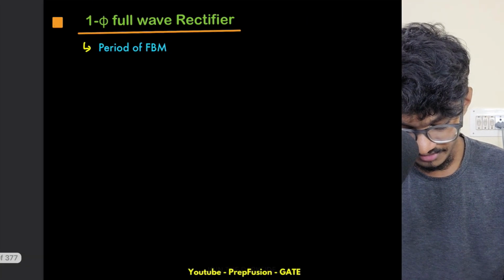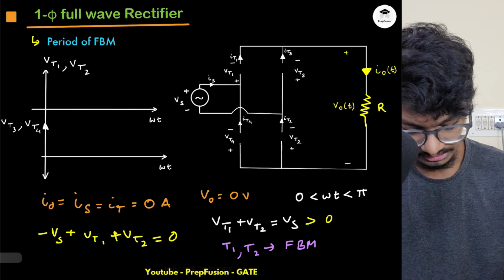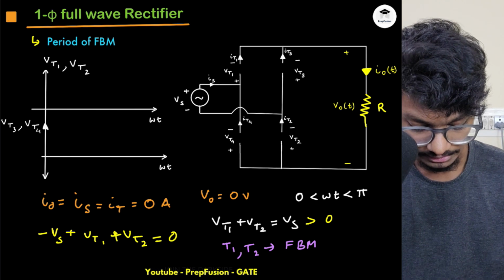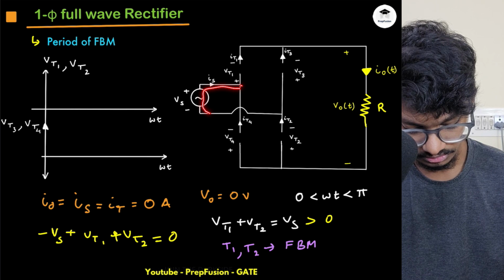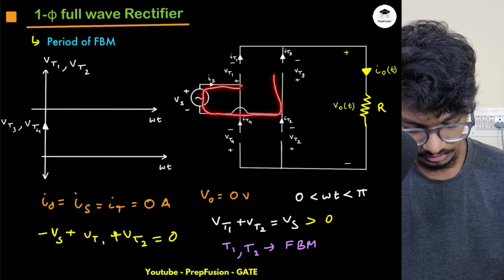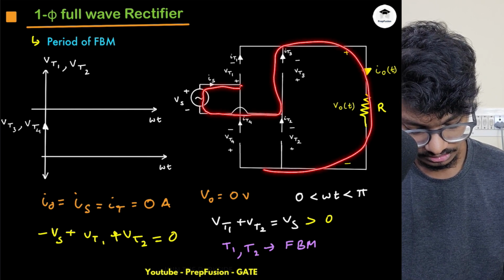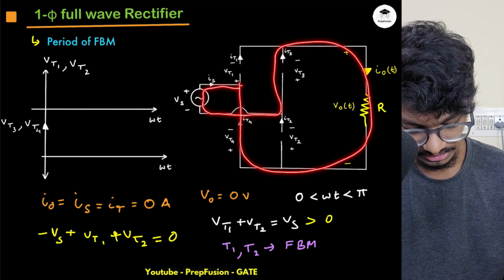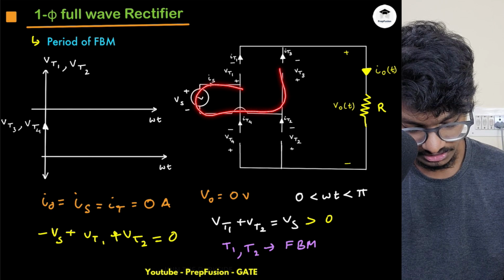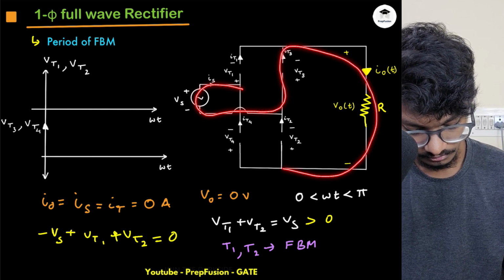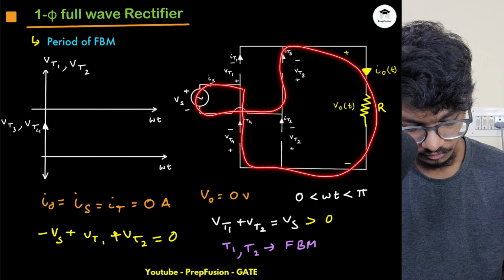If I apply another KVL, starting from this point, plus Vs, going through here, and ending again at plus Vs, basically I get plus Vs plus Vt3 plus Vt4 equals 0.